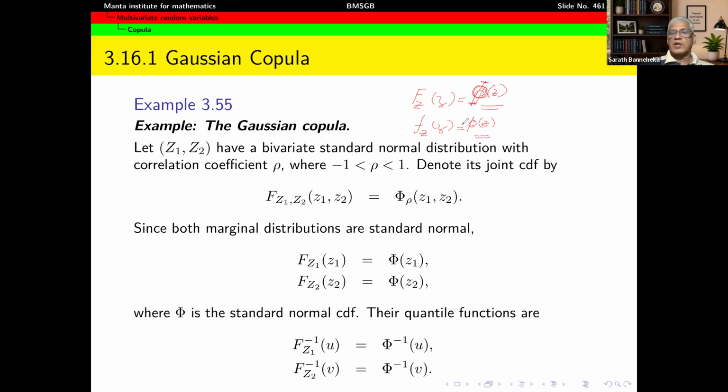Right? And also the joint CDF, F_{Z1,Z2} evaluated at some value z1, z2, will be denoted by, in this case, capital Phi_rho, right? So that to distinguish this one from this one, we are writing Phi_rho actually. Here there is no rho. This is only for one z, for example, z1, z2, and so on.